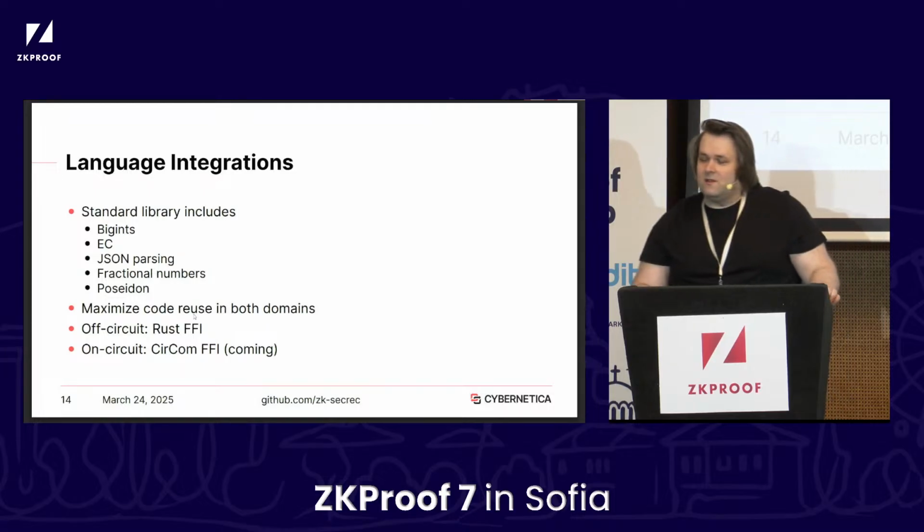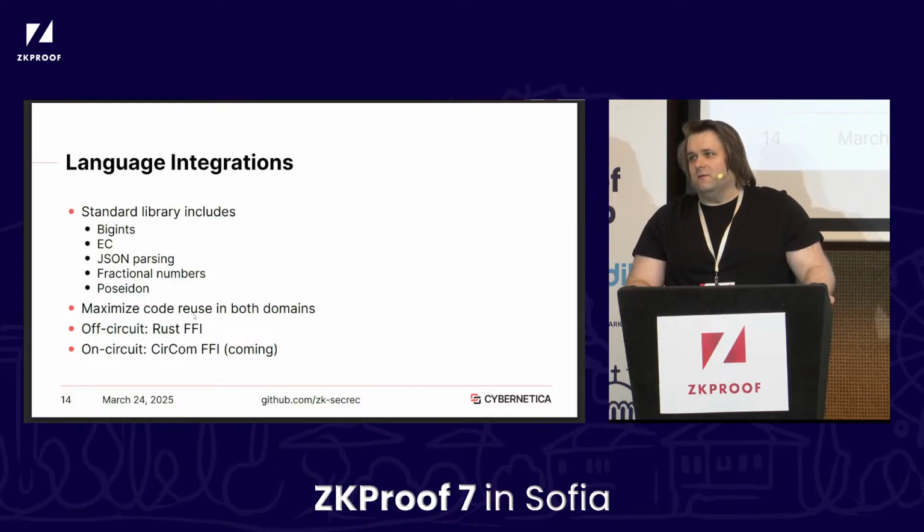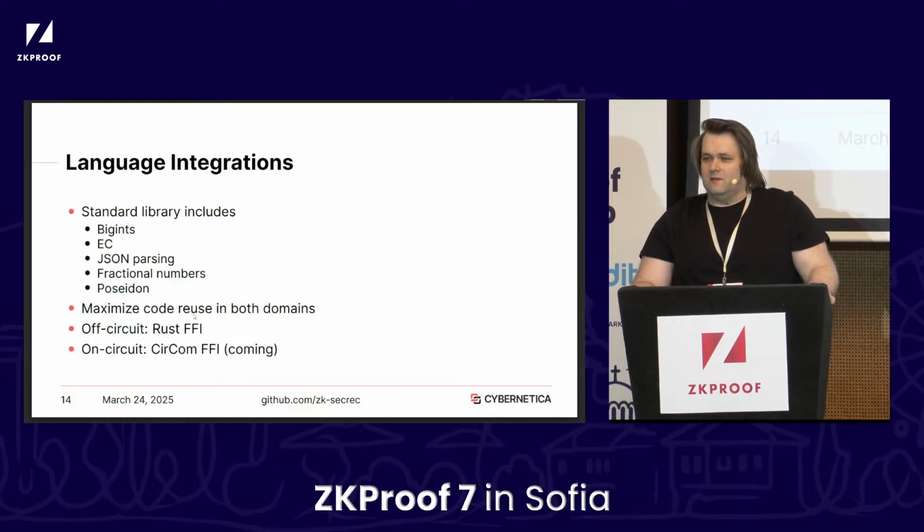Other things we have is that we have built out our standard library as we build these use cases. We have quite a lot of parsing work. We have the building blocks so that you can do ECDSA no matter what your actual field of the protocol is. All of those things we've built out over time.